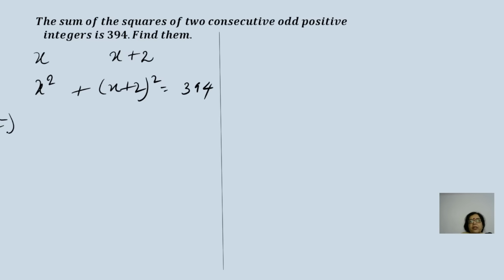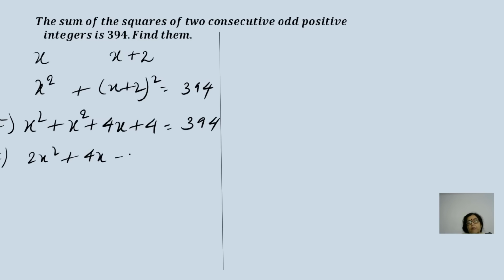Expanding this using (a plus b) whole square, this becomes 2x squared plus 4x plus 4 is equal to 394. So this becomes 2x squared plus 4x minus 390 is equal to 0.